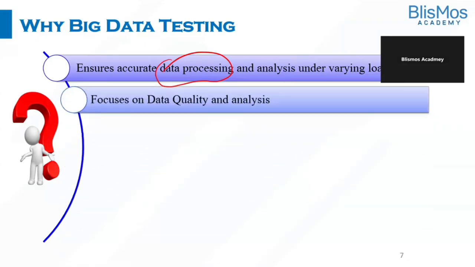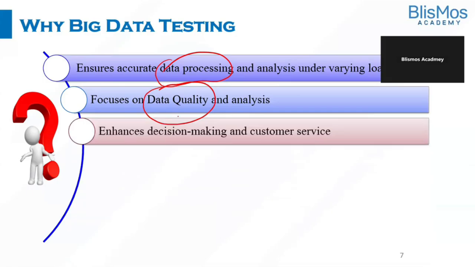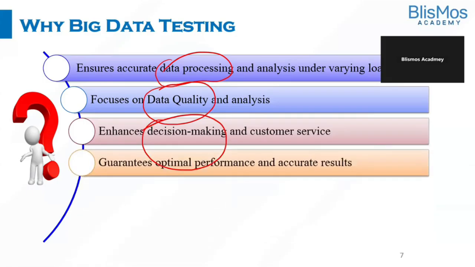While performing big data testing, the focus is on data quality. If the quality of the data is not correct, then we will not be able to take correct management decisions. It guarantees optimal performance and accurate results, because if you don't do big data testing, you may end up having issues in the future.